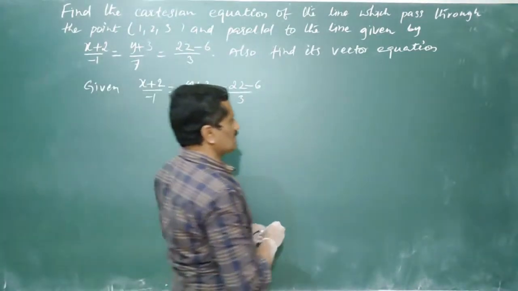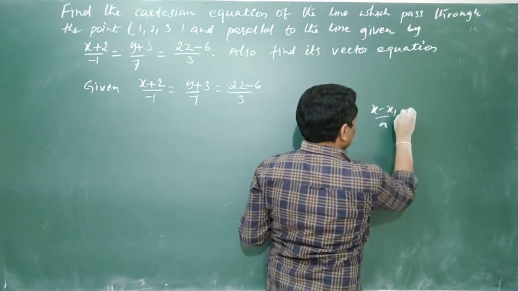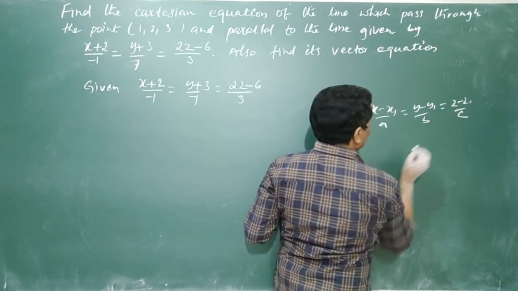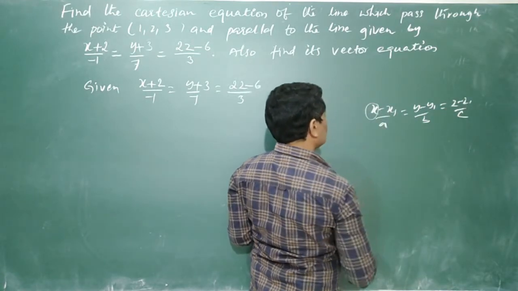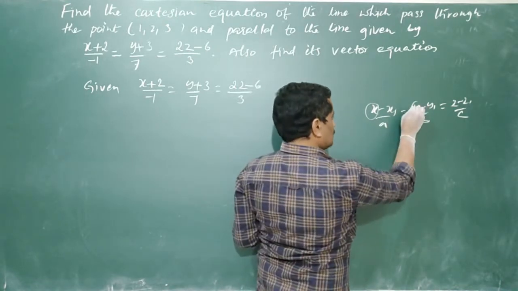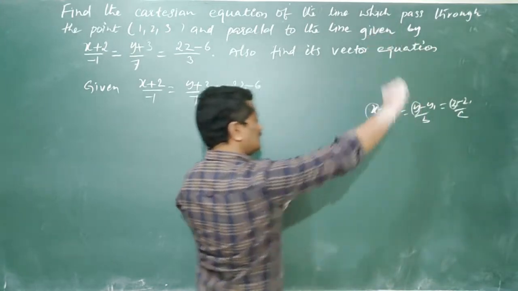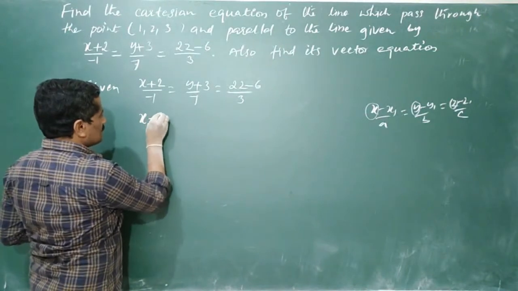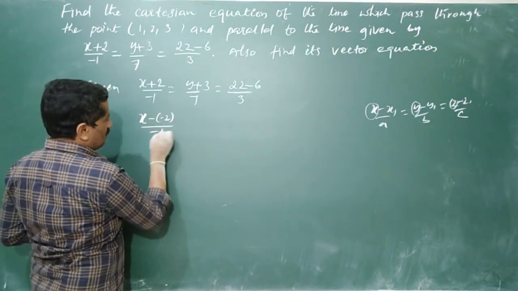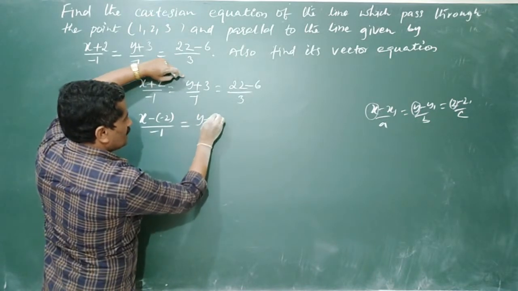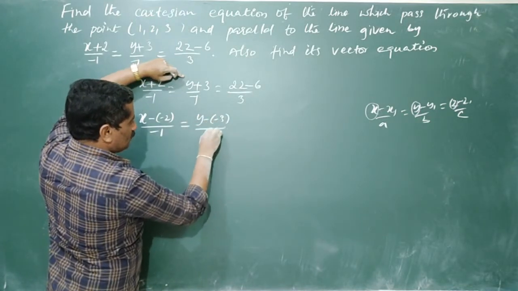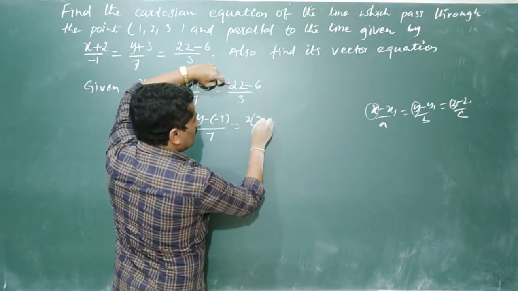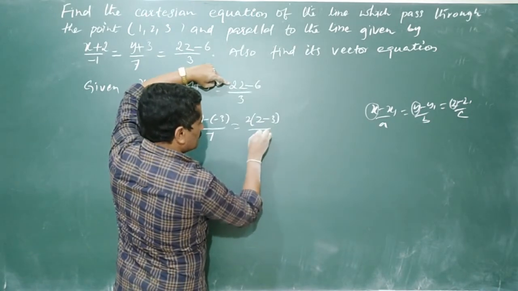So we have a standard form, that is x minus x1 by a is equal to y minus y1 by b is equal to z minus z1 by c. That is, always the coefficient of x must be 1, similarly coefficient of y and coefficient of z. So we'll convert this into standard form, that is x minus of minus 2 by minus 1 is equal to y minus of minus 3 divided by 7 is equal to, so take 2 common outside, that is 2 of z minus 3 by 3.